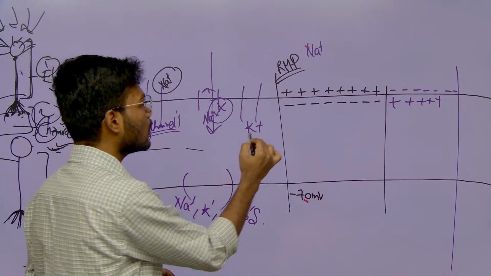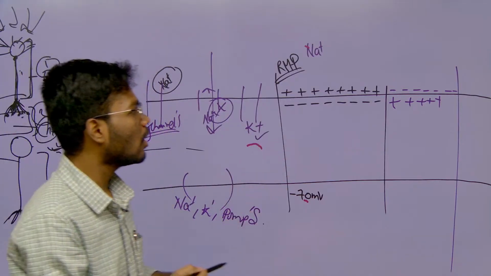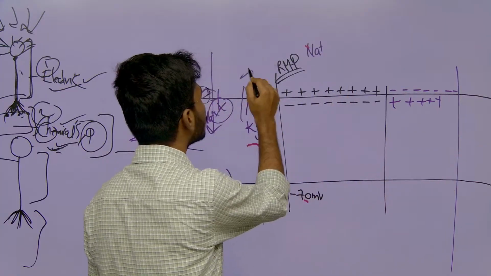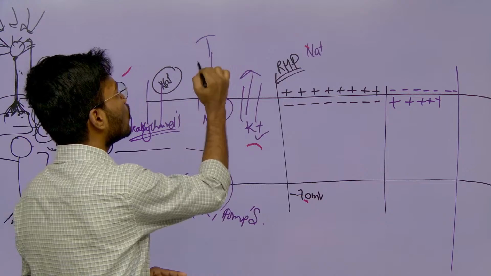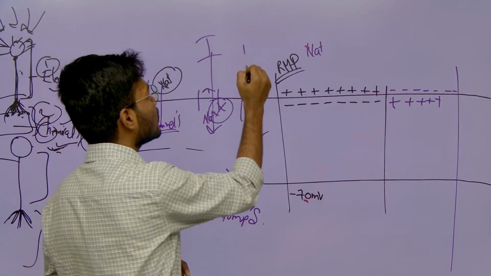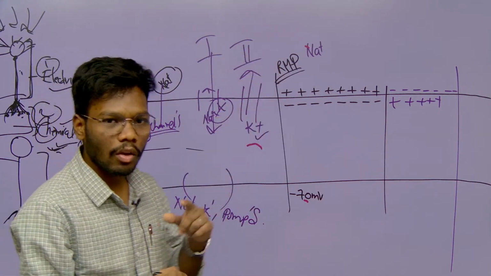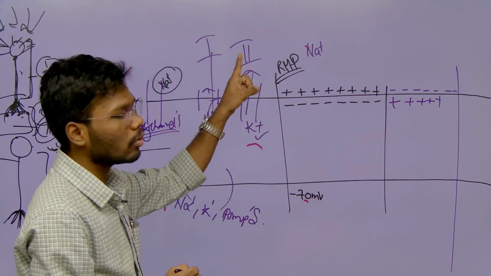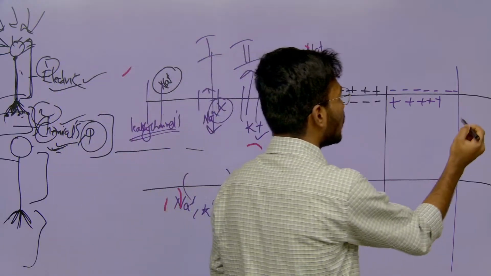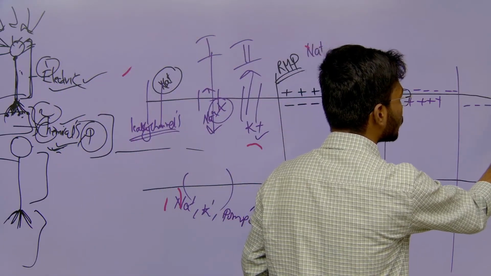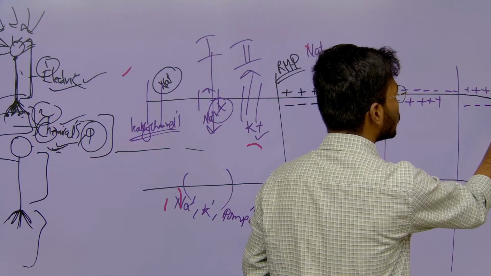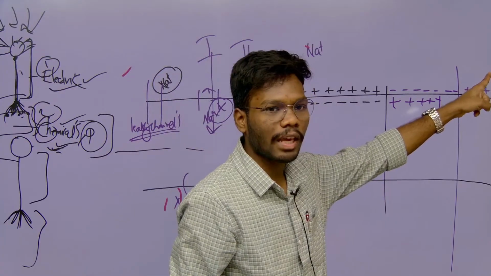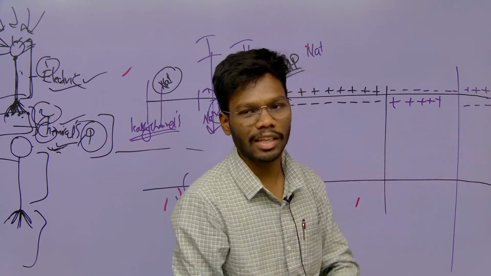After some time, potassium channels will open. We know that inside there is a lot of potassium, so it will go out. The first step is opening of sodium channels, the second step is opening of potassium channels. Whenever the potassium channels open, all the K+ goes outside. Now it will again become negative inside and positive outside, because there is more K+ outside and a low amount of Na+ inside.